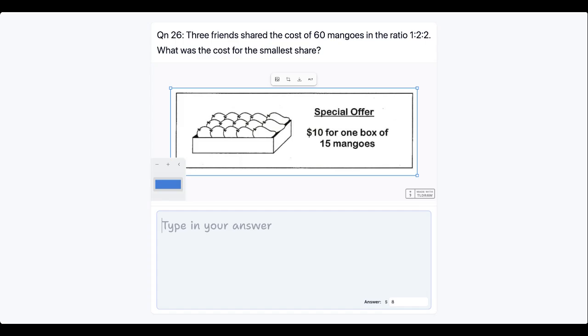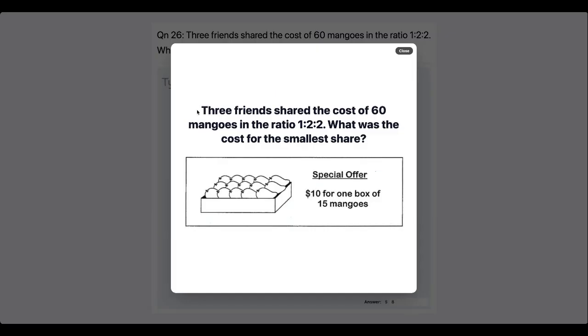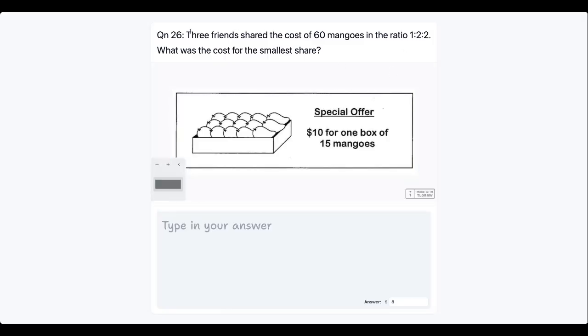Question 26. Three friends shared the cost of 60 mangoes in the ratio 1:2:2. What was the cost for the smallest share? In this case, the friends shared the cost of 60 mangoes. We know that $10 is for 15 mangoes.